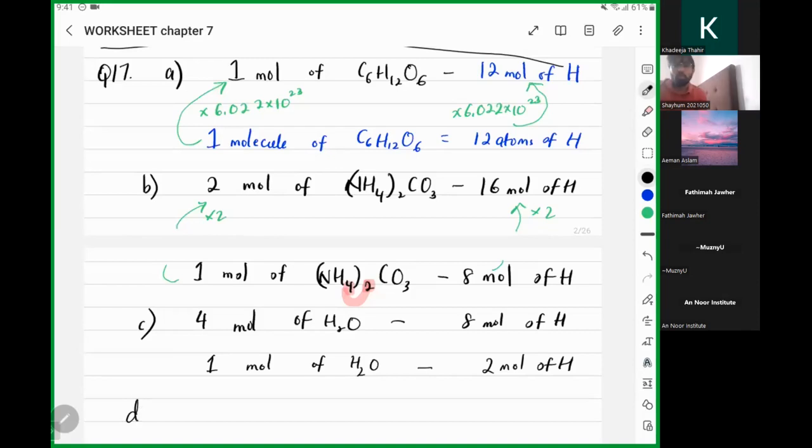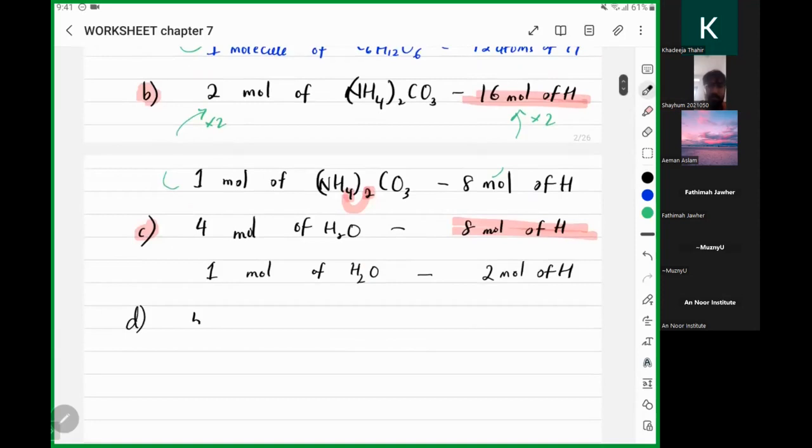Then D. I'll just highlight the values we have to compare. So A is this, B is this, C is this, and now D is what? 5 mole of CH3COOH. First tell me, 1 mole has how much?